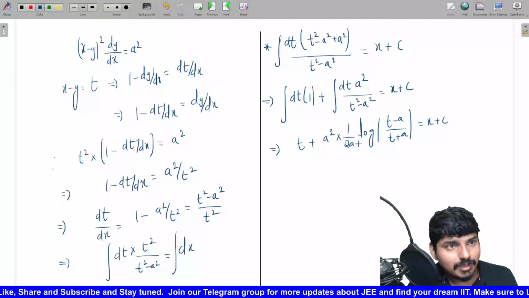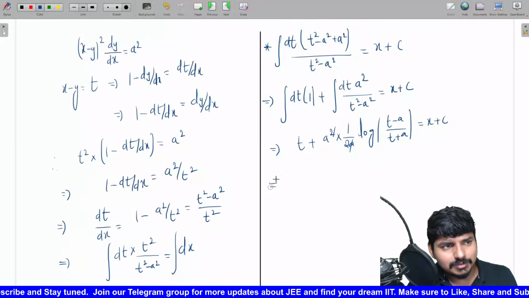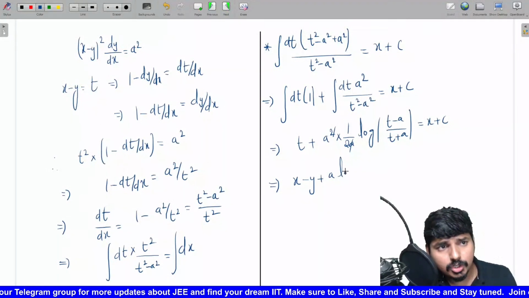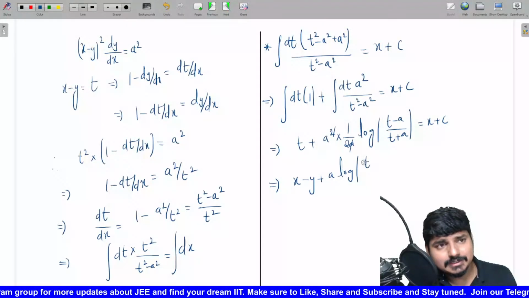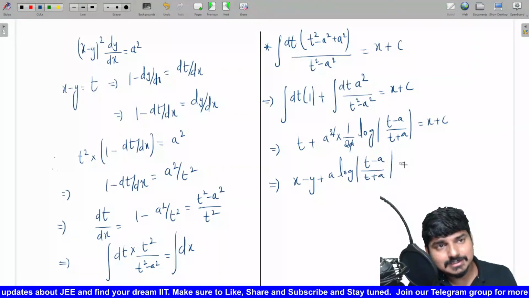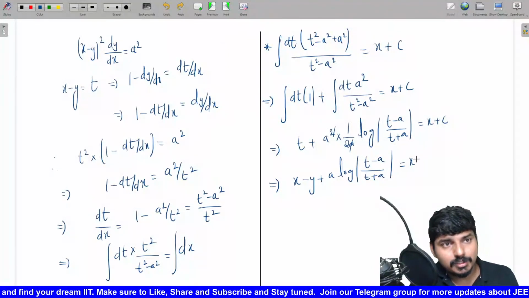So one a and another a are going to get cancelled. So I can write t as x minus y, plus a into log of (t minus a) divided by (t plus a), and that is equal to x plus c. This is what you are going to get.